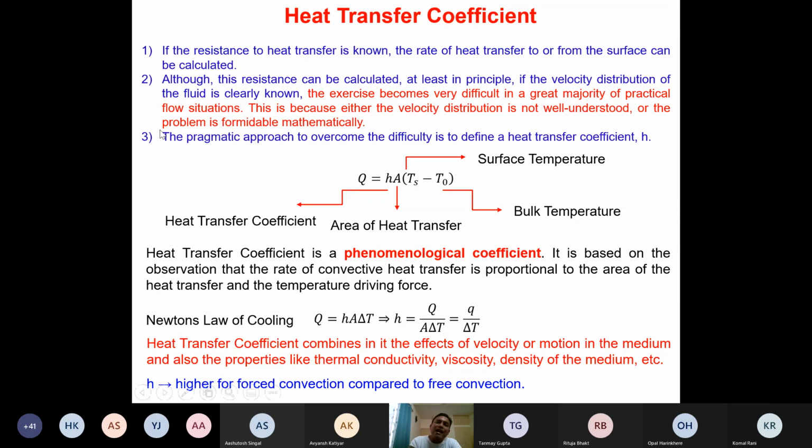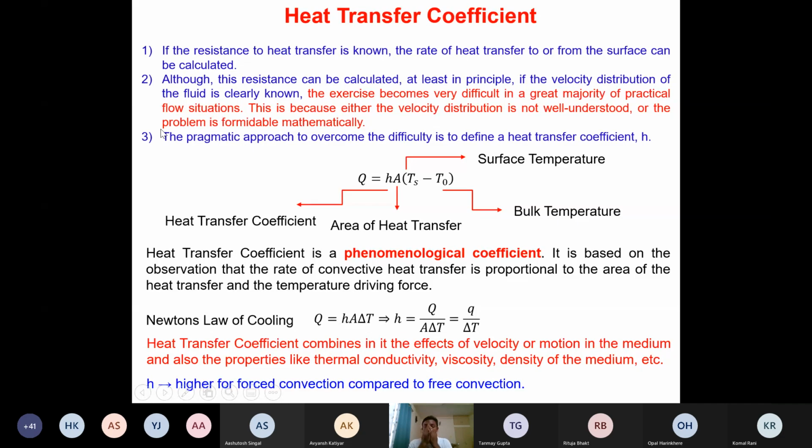And you can clearly see that in order to find out how the resistance is going to vary, first we have to solve the velocity distribution, isn't it? And solving this velocity distribution itself may not be an easy problem to solve, isn't it? So in principle, we can find out such resistances and find out the heat transfer coefficient, but this becomes mathematically challenging when we are doing it in practical situations.